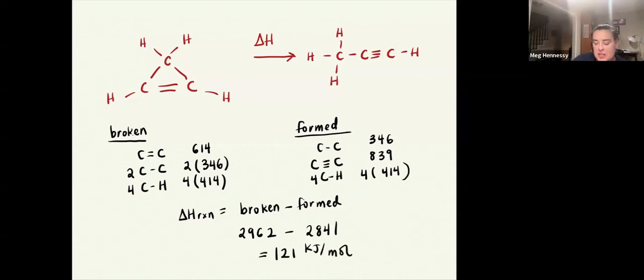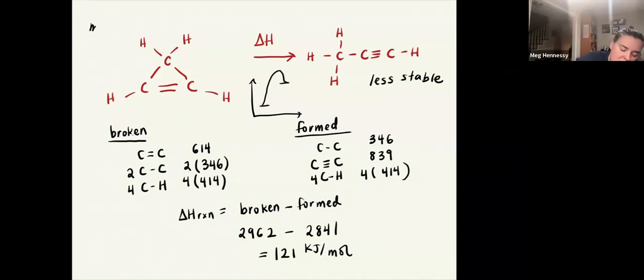So since this reaction is endothermic, that would mean to me that propyne is less stable, it's higher in energy, and cyclopropene is more stable, it's lower in energy. And so which of these isomers is more stable was our question.